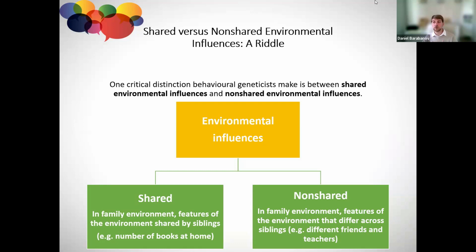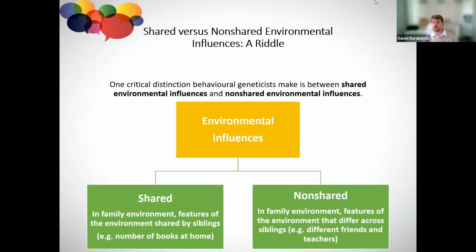But there is a huge chunk of non-shared environmental influences. For example, different siblings can have different friends, and they can have different school teachers because they study in different classes or even different schools. And it's an important environmental influence, right? So your social connections and your education shape you in many aspects.